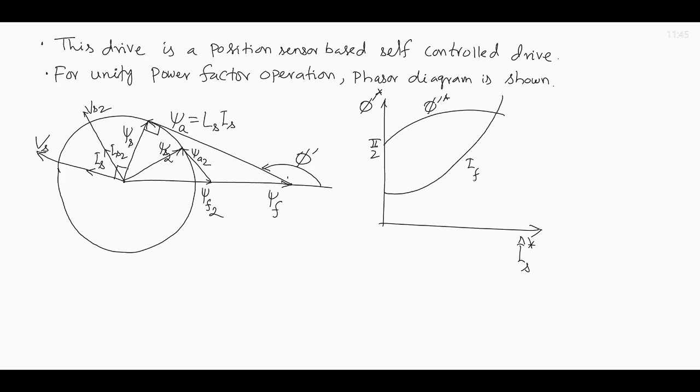The field current command If star and the phase angle of the stator current phi star dash are generated as a function of the stator current command using function generators like this.